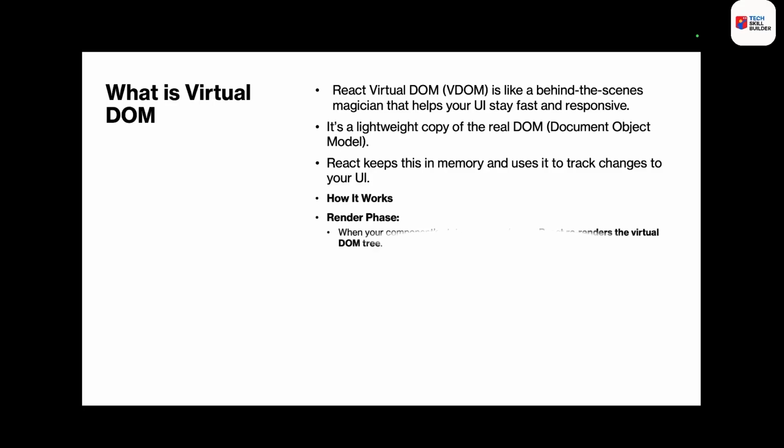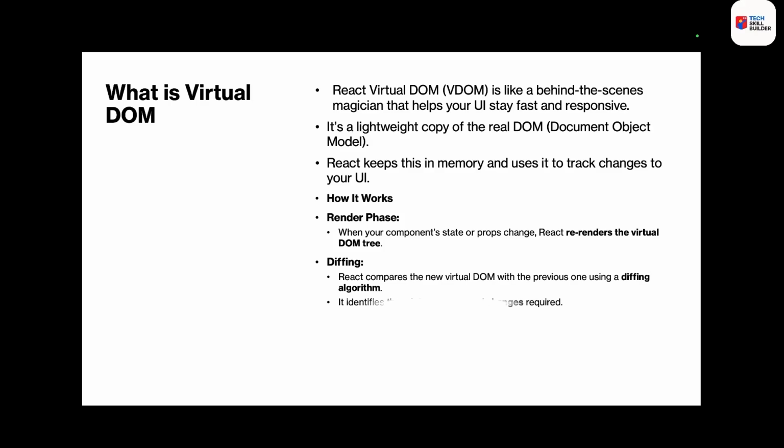Render phase: when your component's state or props change, React re-renders the virtual DOM tree. Diffing: React compares the new virtual DOM with the previous one using a diffing algorithm. It identifies the minimum number of changes required.